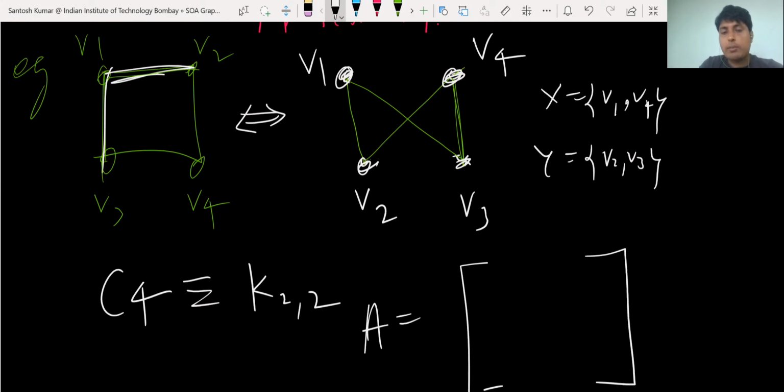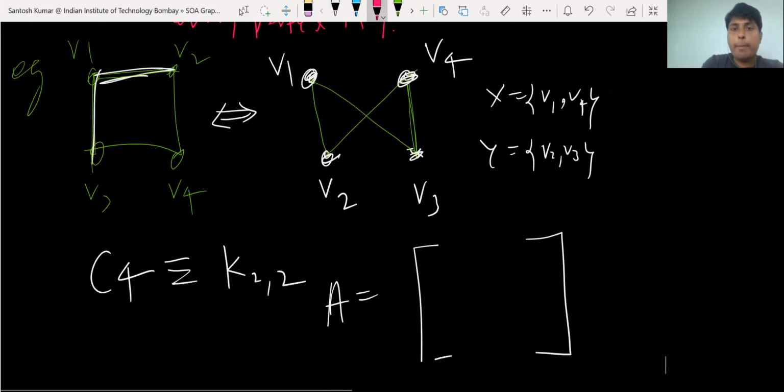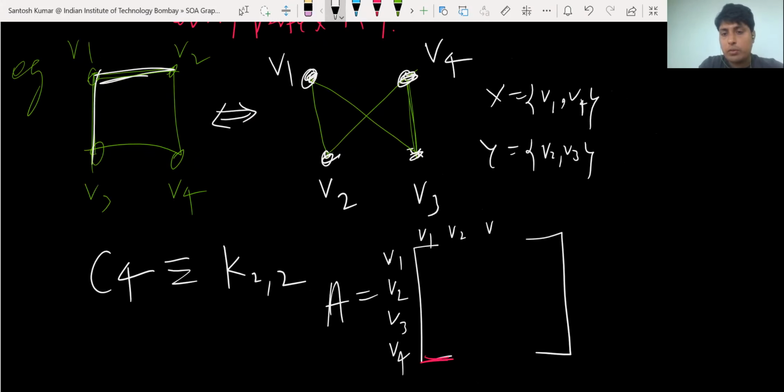What is the adjacency matrix corresponding to this? We have to draw it in order. Since X has V1, V4, I want to take them together, and V2, V3 together.